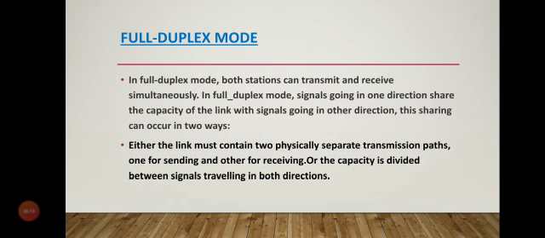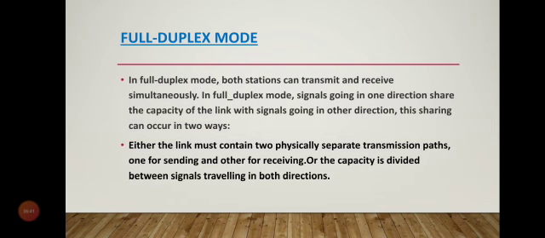We all are very much familiar with this type of transmitting data at our home, at school, at any institute. We are using this type of data transmission nowadays. In full duplex mode, both stations can transmit and receive simultaneously.